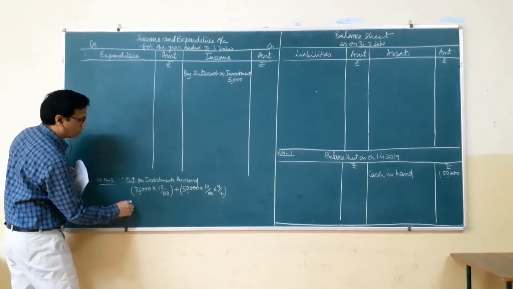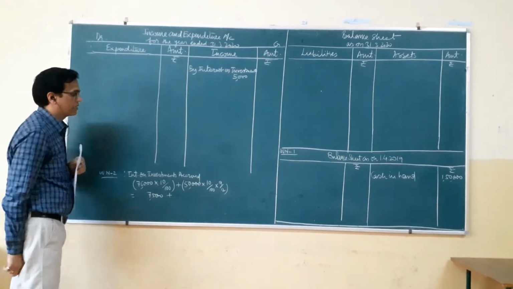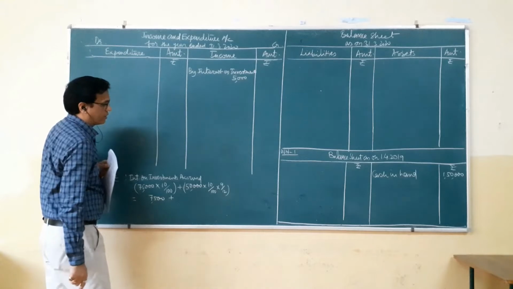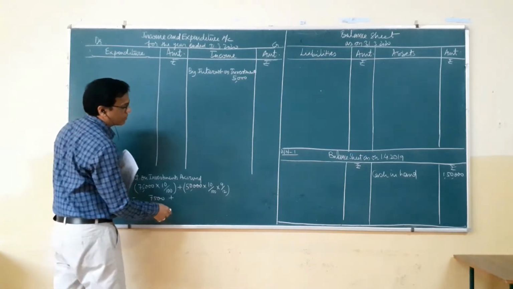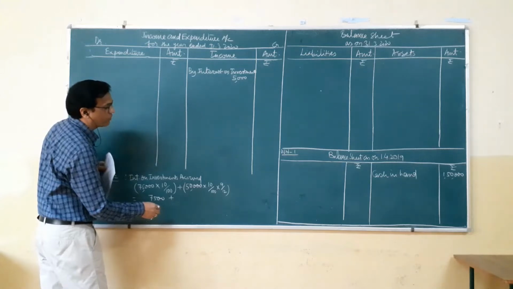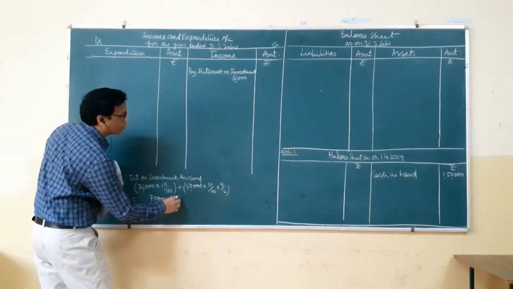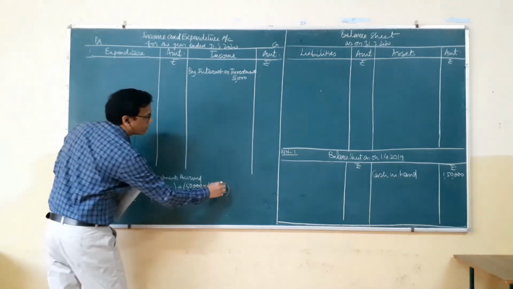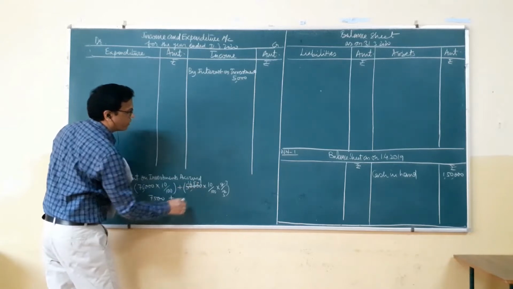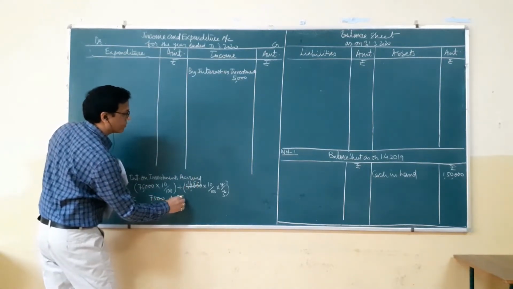So let us see how much it comes. 7,500 plus 5,000 for 1 year, but it is for 9 months. 5,000 for 1 year means 1,250 for each quarter. So 3 quarters are there. So 1,250 into 3 will be 3,750.